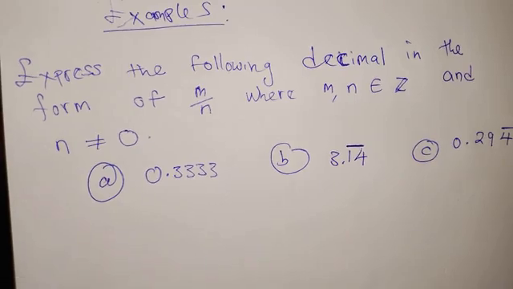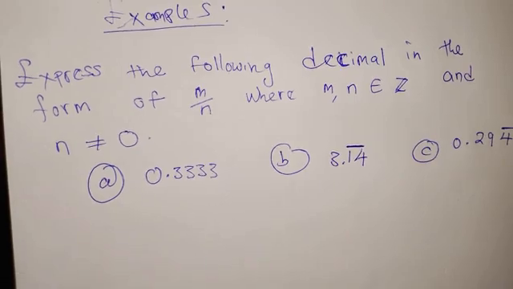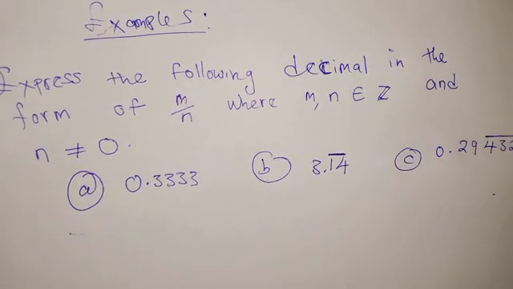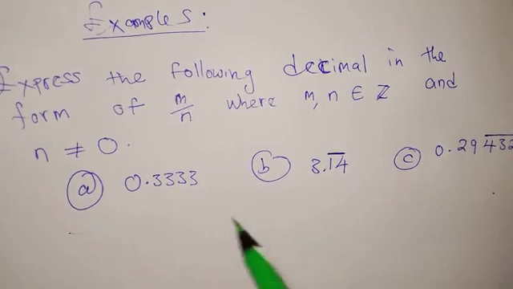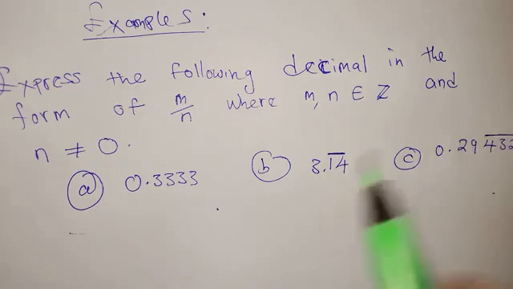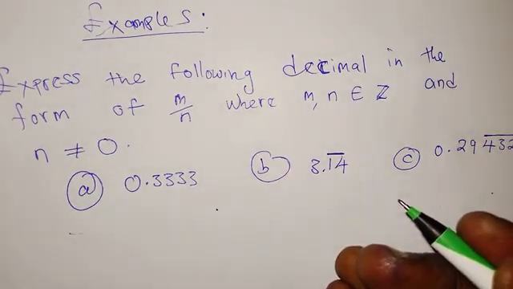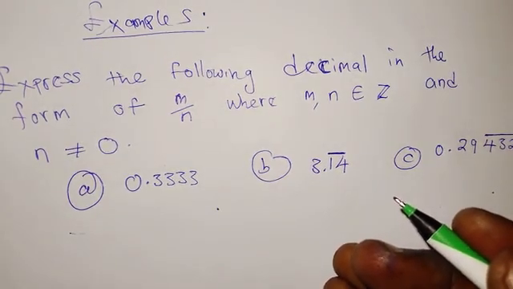So we've looked at characteristics of rational numbers. Even as you are looking at decimal numbers, you're supposed to be able to tell, okay, can this decimal number qualify to be called a rational number before I do anything? Ask yourself that question. That is the first thing.